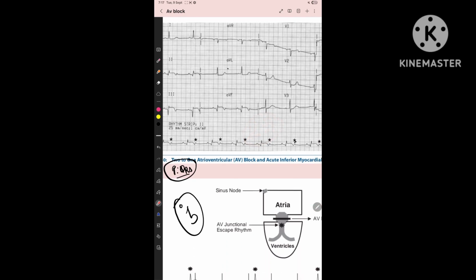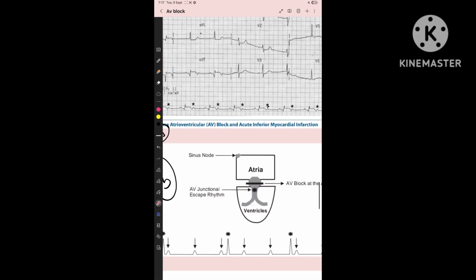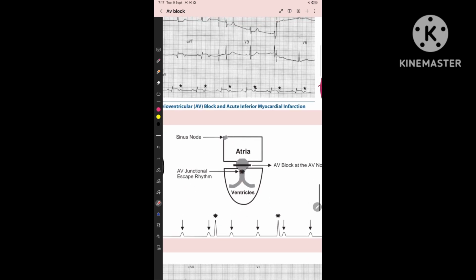So now coming to the last type of AV block, that is third degree AV block. In third degree AV block, the AV node has been transected completely. Not even a single impulse is going from the SA node to the AV node and to the ventricles. The SA node is beating at its own pace and the ventricles are beating at their own pace.